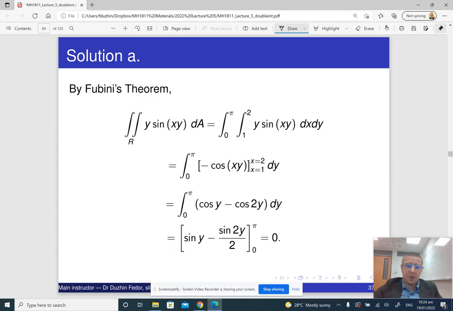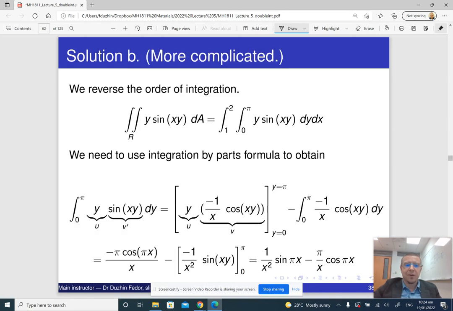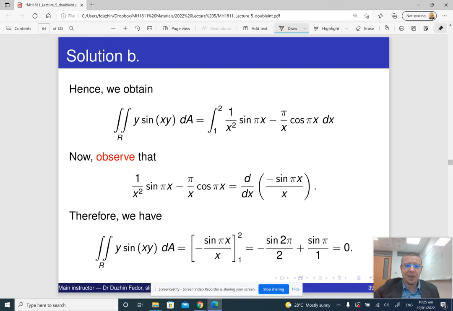Okay, and this is how we can work it out. But notice that if we reverse the order of integration, then we will have to use integration by parts. It's doable, but it involves a lot of unnecessary complicated computation. This is the inside integral that we evaluate by parts. And after this, we still need to integrate it one more time from 1 to 2.